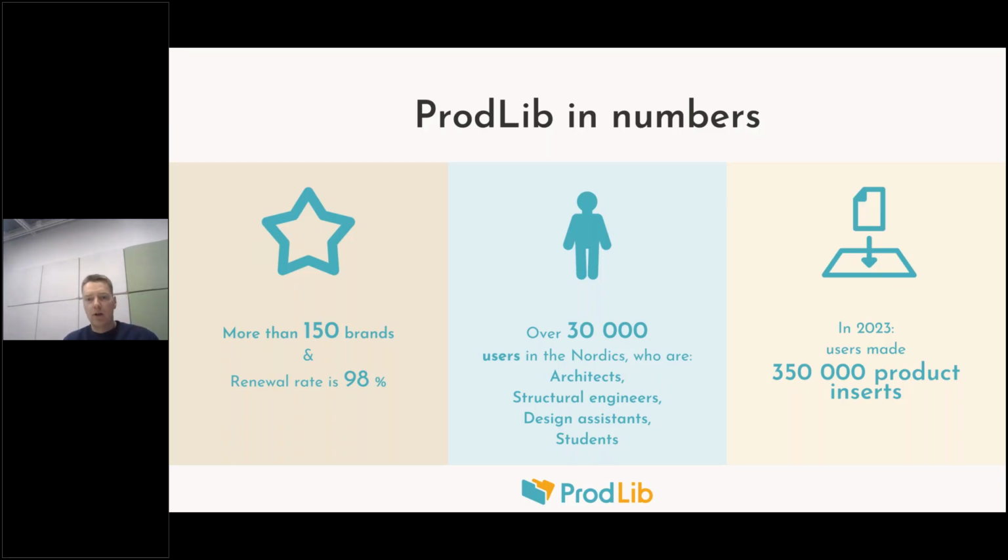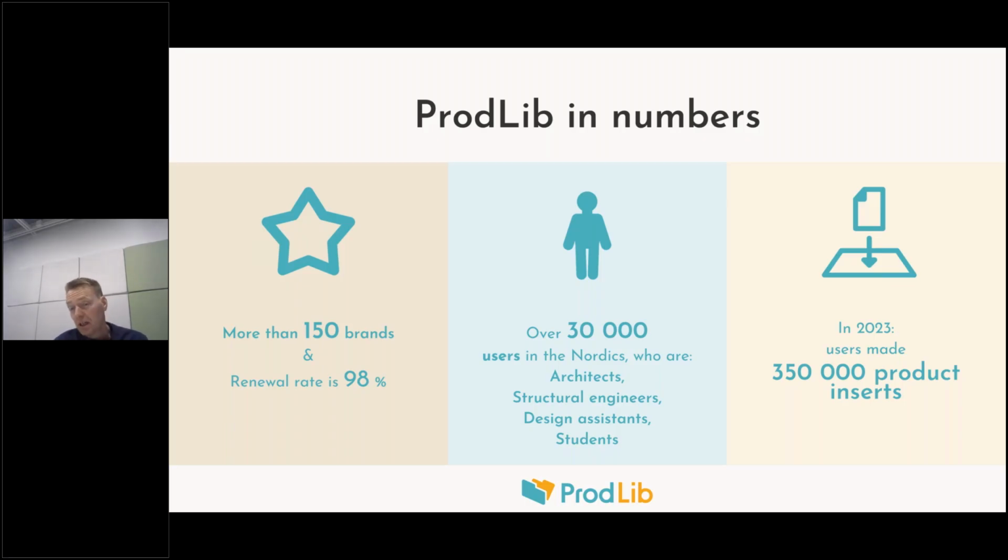But if we have a young student eager to learn new things, and we can show them how you can use the ProdLib service and the manufacturer's content easily, they are really eager to adopt it and also take it to their working lives once they graduate. So that's really important for us.